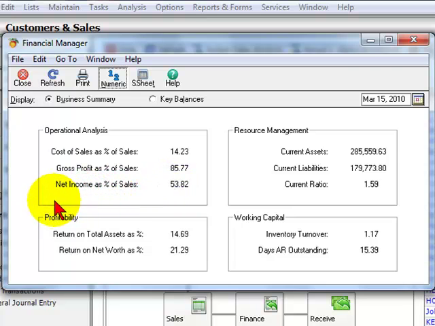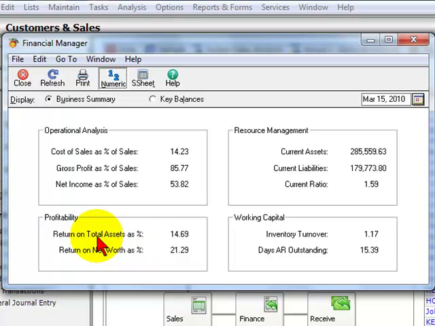Now the next items are percentage in terms of profitability. And the first line item here is return on total assets as percentage. Now this ratio is basically your net income, which is your sales minus cost of goods sold minus your operating expenses, divided by the total assets, which would include your current assets and long-term assets.